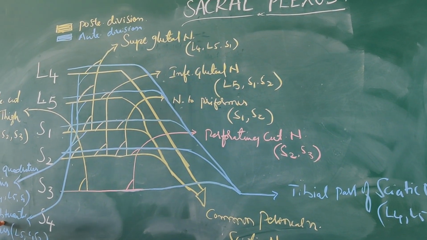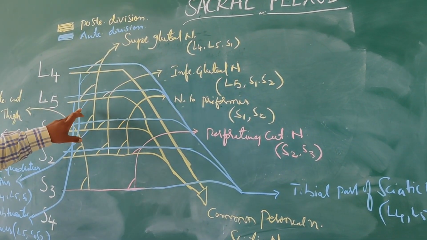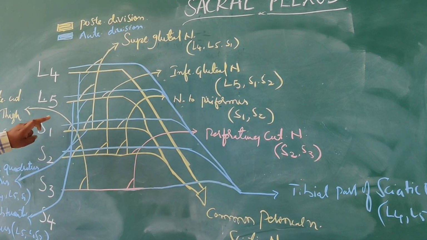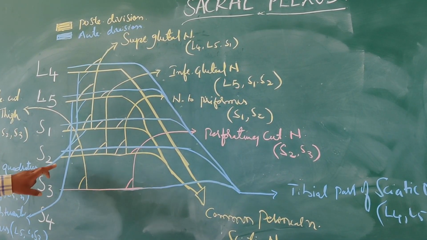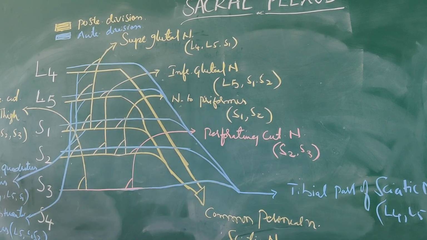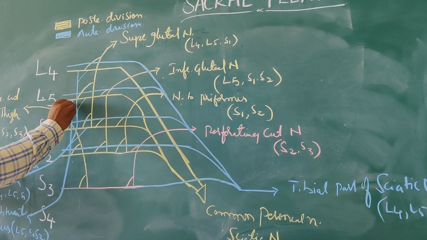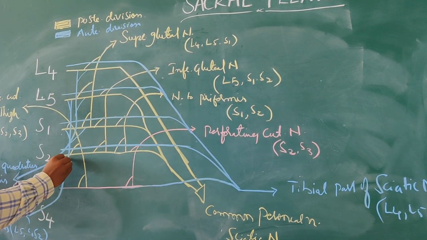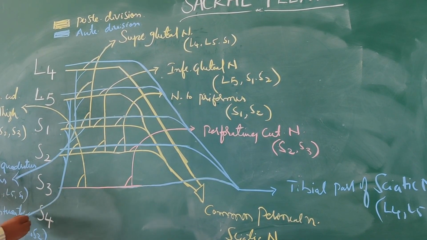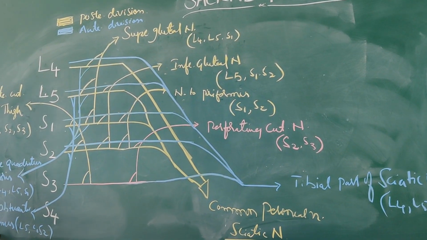Then the anterior divisions of L5, S1 and S2 give rise to the nerve to obturator internus.